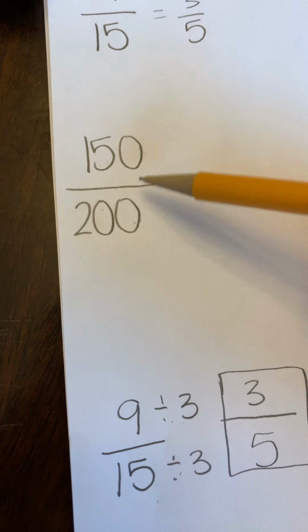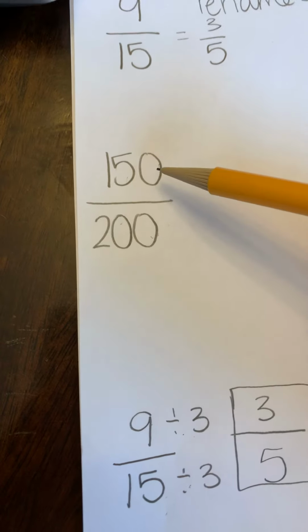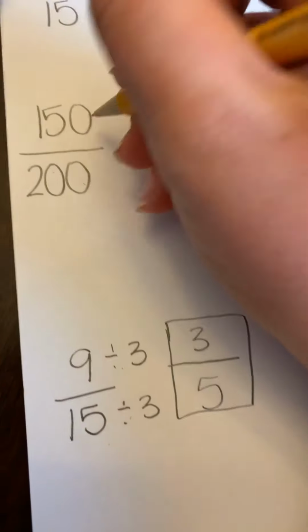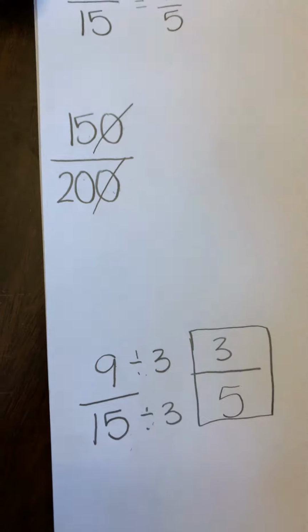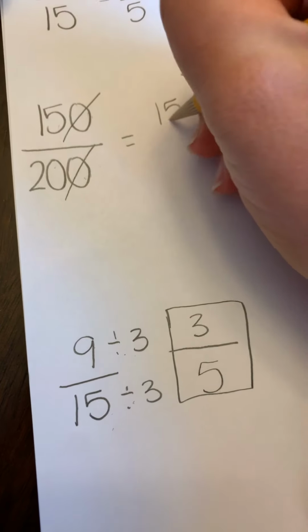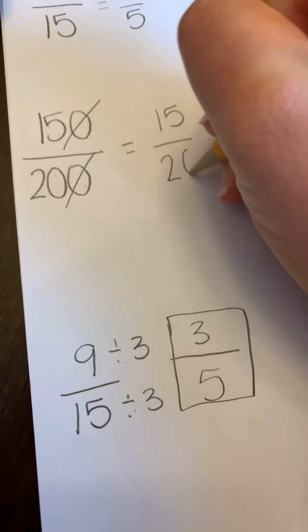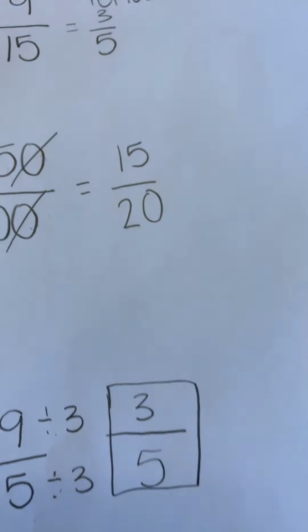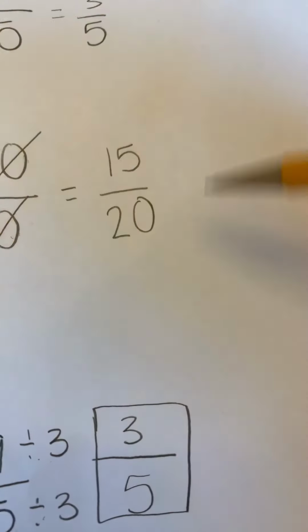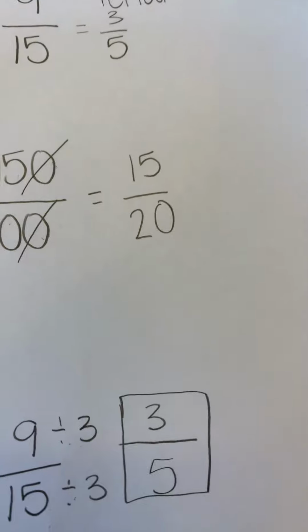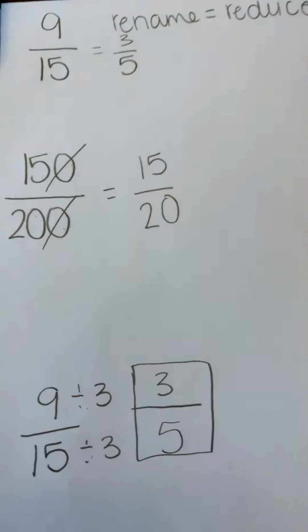These last two digits are zeros, and if I remember correctly, zeros mean nothing. I can cross those zeros out. So now my fraction is 15 over 20. I like that one a lot better. Those seem like numbers that I could easily find something divisible by.